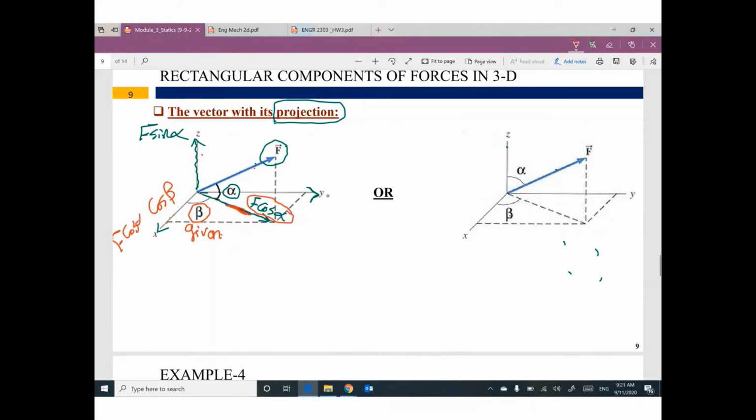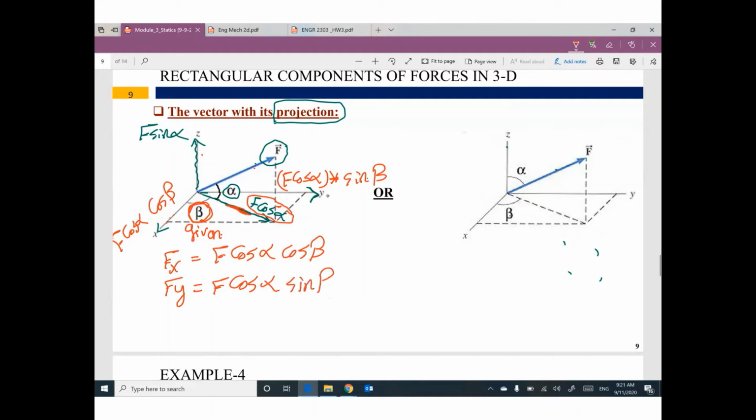And this component will be this value, F cosine alpha, times sine of this angle, because this component is far away from the given angle, sine beta. So finally, the X component for this force is F cosine alpha cosine beta. The Y component of this force is F cosine alpha sine beta. The Z component of this force is F sine alpha.